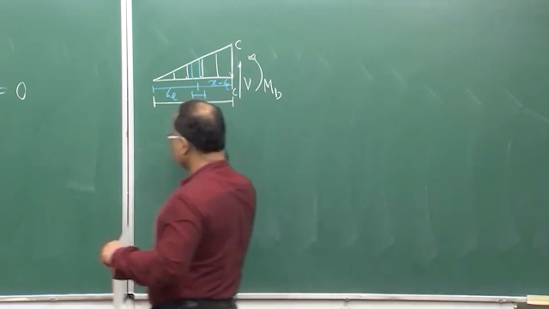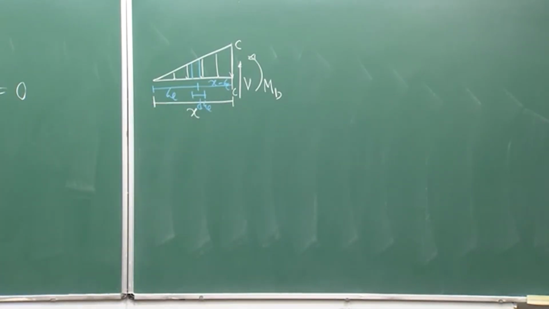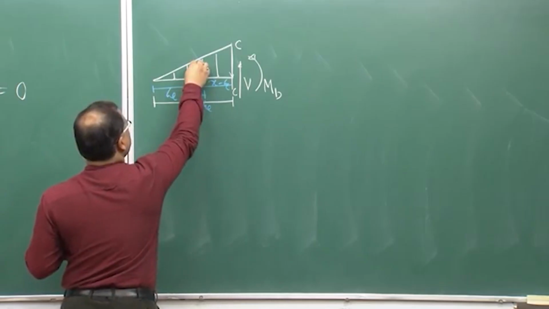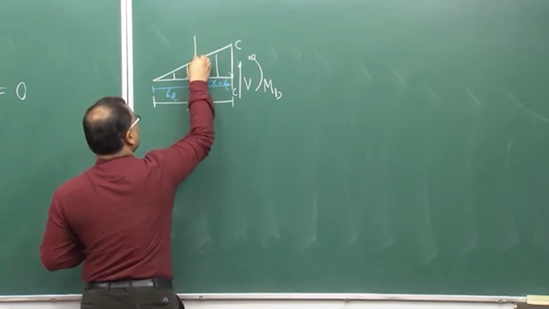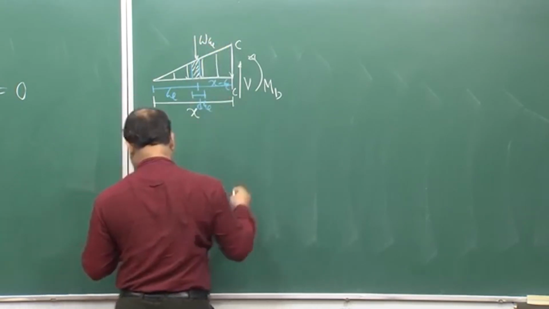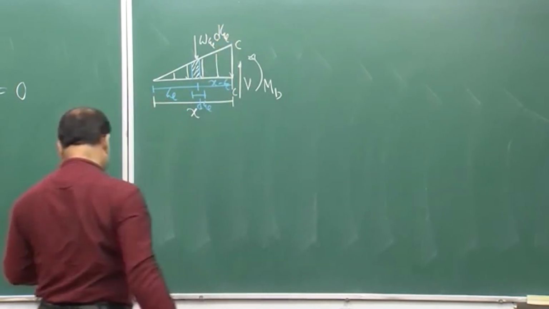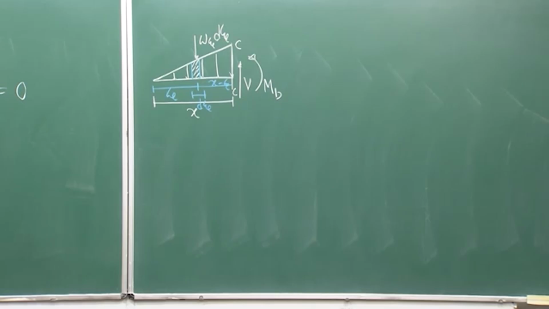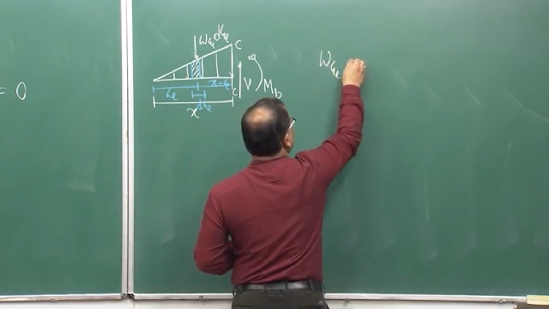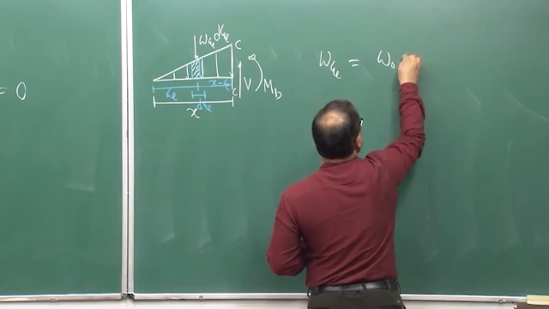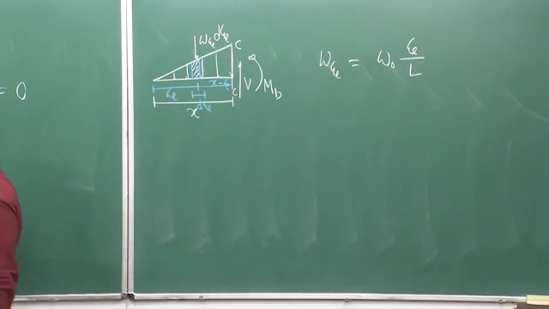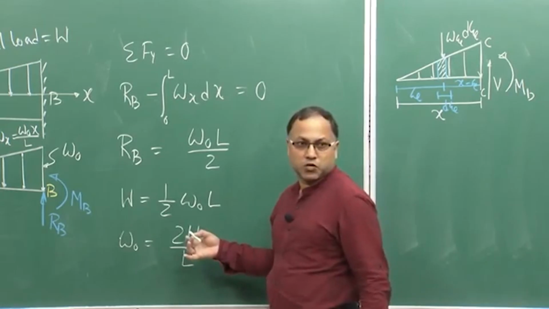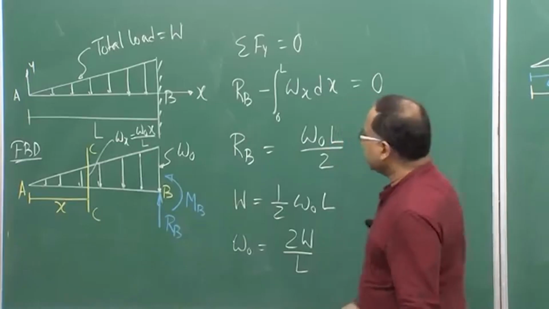Here x is your global coordinate system, but we are introducing a local coordinate system xi, and in this area your load intensity is W xi d xi, where W xi can be obtained as W naught xi by L, because everything we are expressing in terms of W naught, which we have got in terms of capital W, the total load of the triangular distribution.